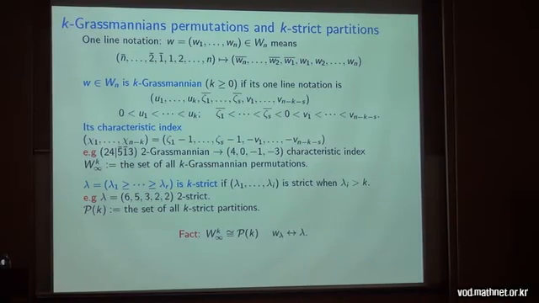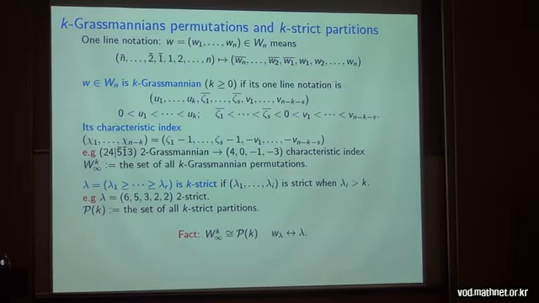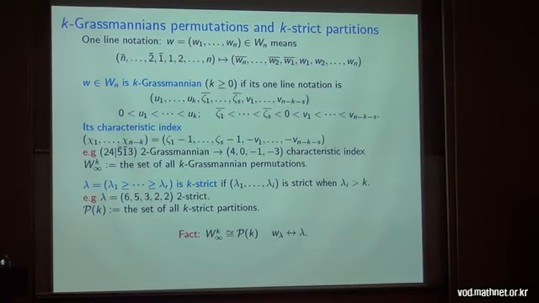And then for convenience, we introduced this characteristic index. We needed it to write a good formula. It's a little technical, but these numbers significantly simplified our computation. It's very useful, but I'm not sure of the geometric meaning of this. Combinatorially, this index was very useful to describe things.